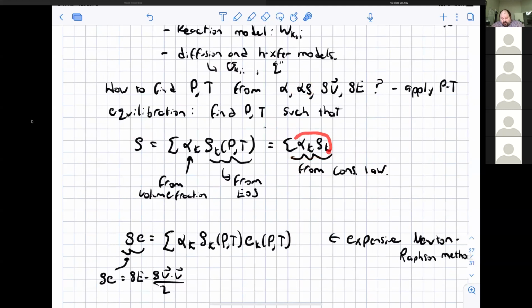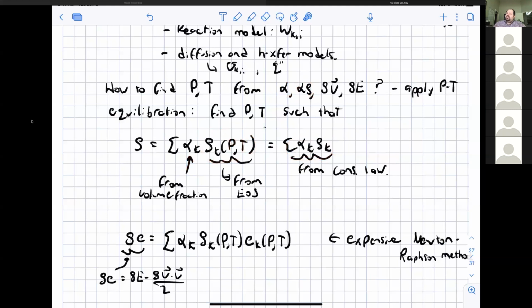So we can form the sum of alpha k rho k in two different ways. One is directly using data from our flow solver, and the other is using the volume fraction produced by the flow solver multiplied by the density assumed from our equation of state, which depends on the pressure and the temperature.